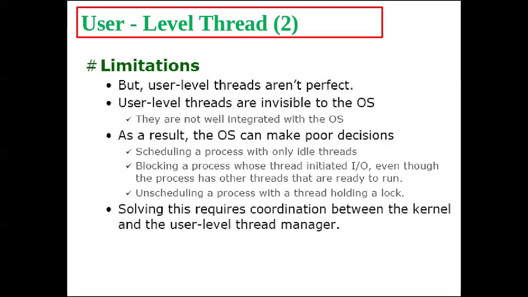For example, scheduling a process with only idle threads. The OS may select a process, but inside that process, threads are not doing useful work. For example, say I'm having a physical class, a lecture, which would be starting at 7 in the classroom of our building. Everyone is entering the class, and somebody is coming to pick up the bag because he or she is not a registered student.